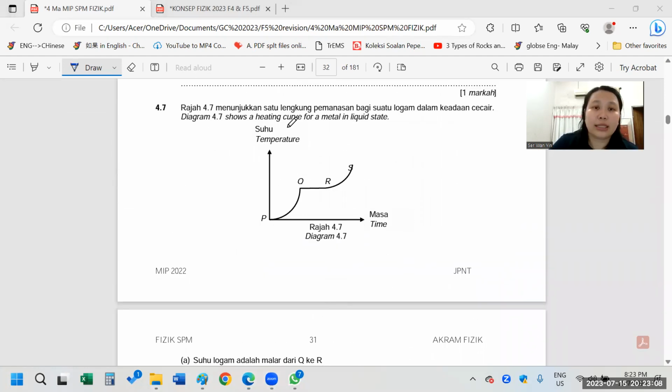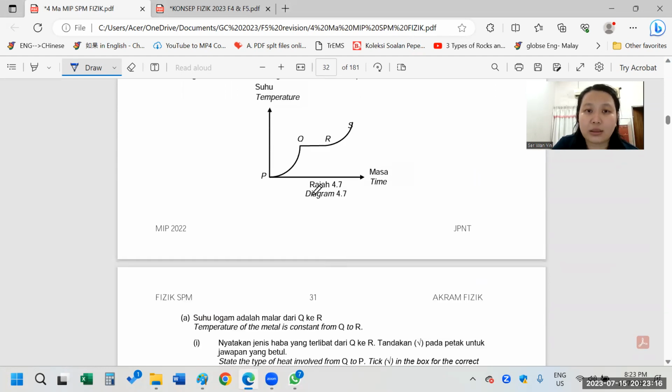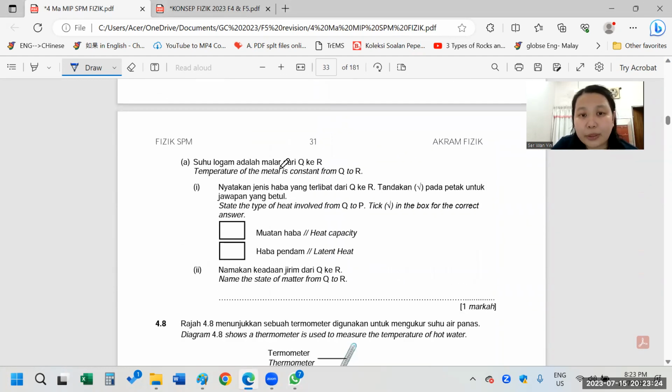Now, this is a heating curve for the metal in liquid state. Liquid state means in the beginning it is liquid. The temperature of the metal is constant from Q to R. State the type of heat involved.